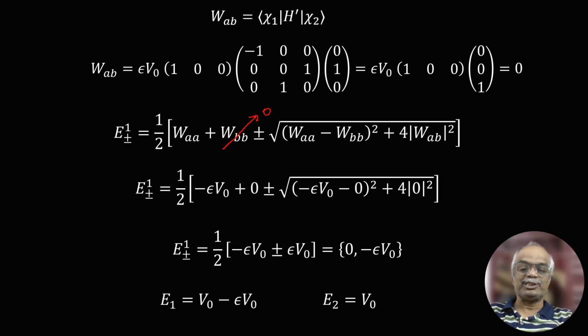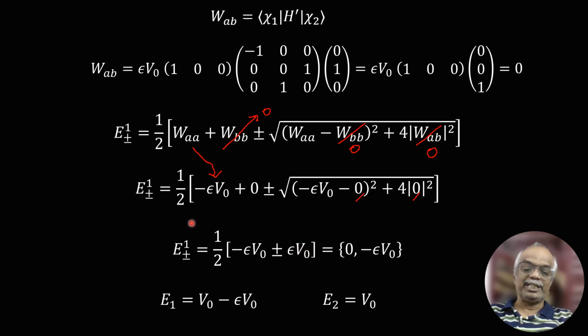From section C also we have seen WPP is equal to 0 and WAA is minus epsilon v naught, and WAP here also we have just seen is 0. So we have got 0, 0, and WAA is minus epsilon v naught, whole squared. If you take the square root, you will get plus or minus epsilon v naught.